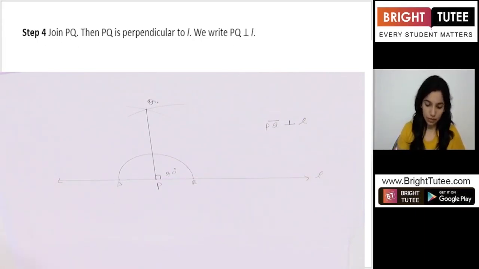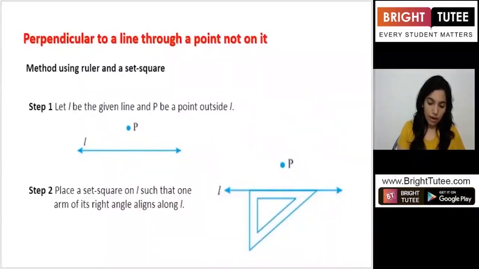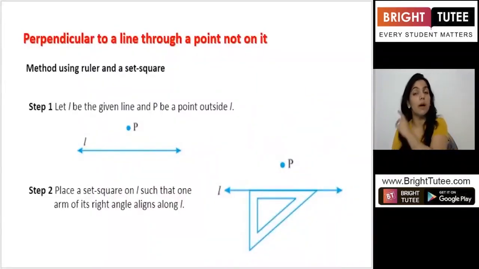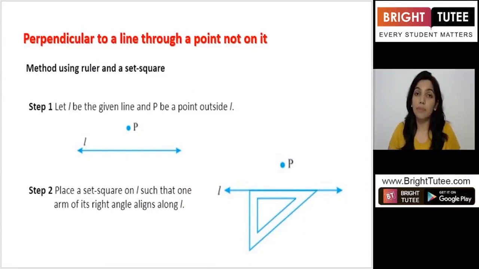Now, so far what we have learned is when we were given a point on the line. Now we are going to learn what will happen if we are not given the point on the line. It is anywhere outside, in the exterior of this line. So now the point is not on it.